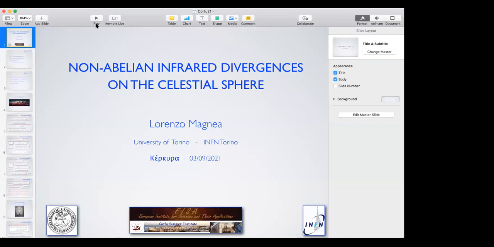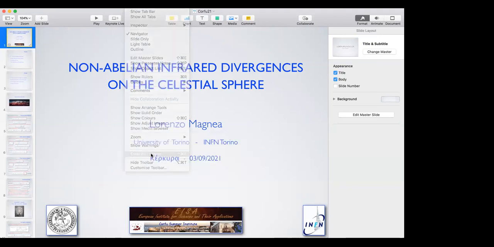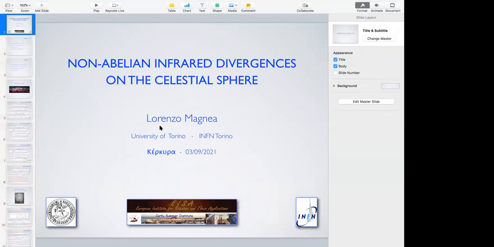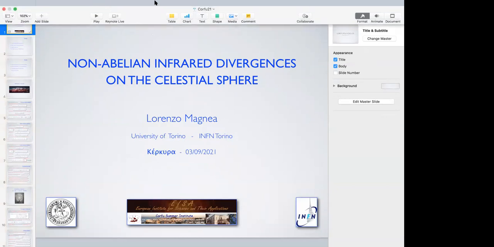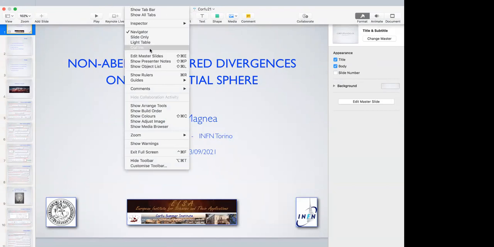No, that didn't work. Maybe play. Yeah, I know, but I cannot click on play because the Zoom bar is too big and I don't know how to move it.